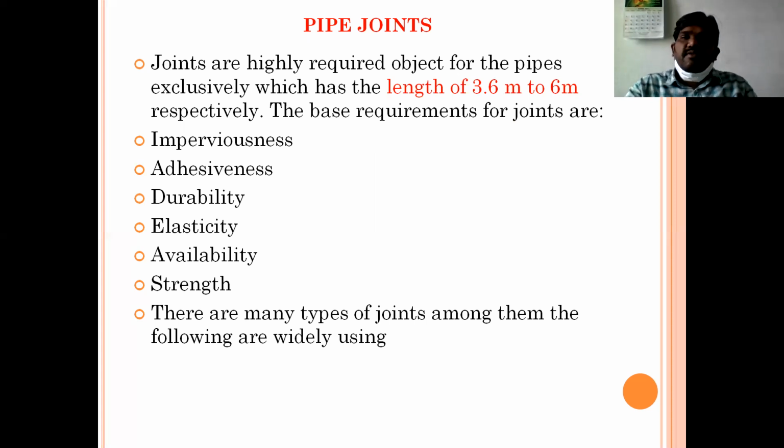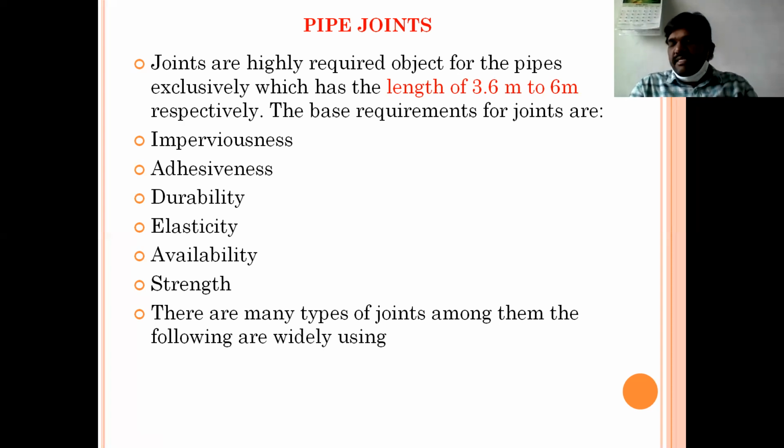What are those? Imperviousness. Imperviousness means it won't allow the water to the other side. If you are jointing the pipes, and you observe that water is leaking, water is coming out from that particular point, the joint is not up to the mark or is not functioning well. Imperviousness, which should not allow water to the other side.